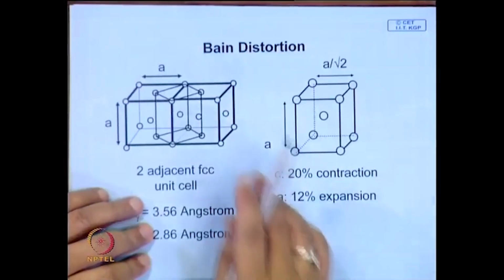In a collection of unit cells, if you have 50 atoms, there will be 1 atom of carbon. So, the number of carbon atoms with respect to iron is very small, and these carbon atoms occupy octahedral sites, which is shown over here.